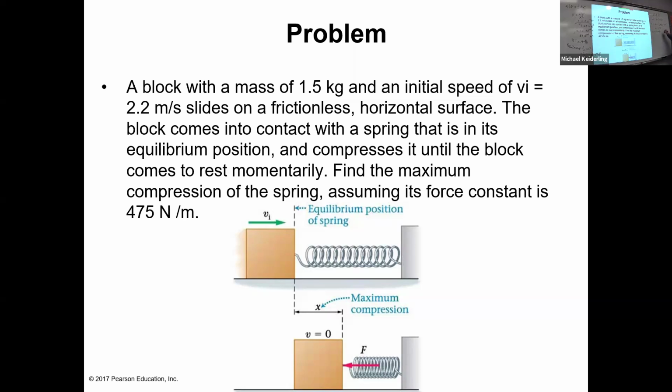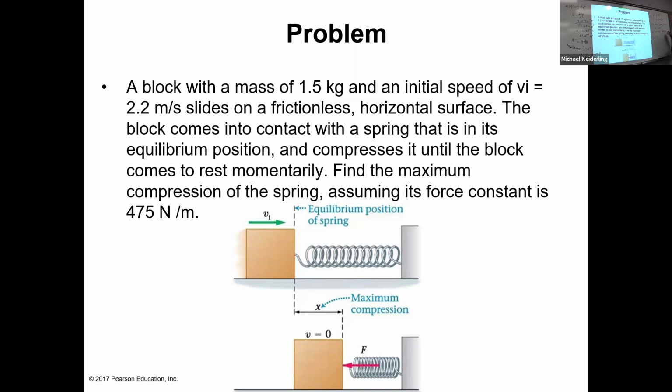And then we can set that equal to the change in kinetic energy, which will be negative. So the work done by the spring will end up equaling delta K, capital K as opposed to lowercase k. So too many things use K.